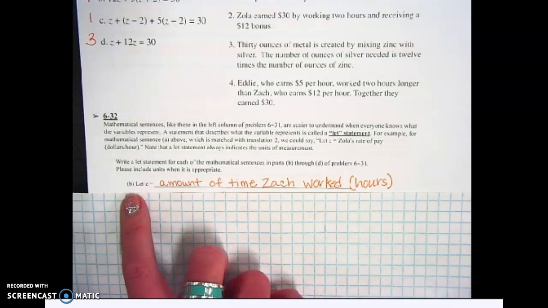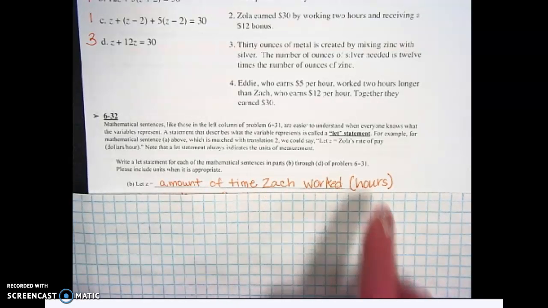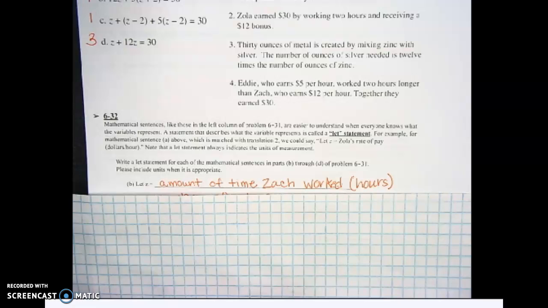The amount of time that he worked, and that time sometimes can be measured in minutes, but in this case it's measured in hours. If you're running a race, it's probably in seconds or minutes, depending on how long the race is. If you're at work, it's in hours and minutes. It just depends on the scenario.